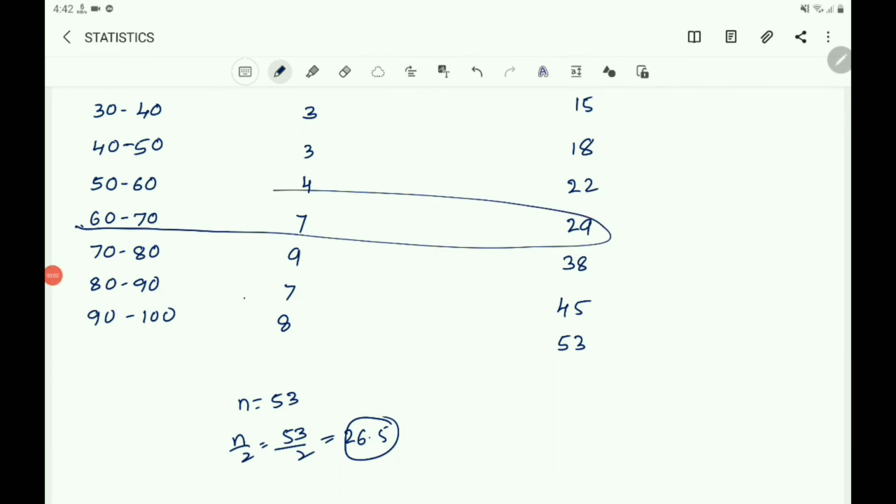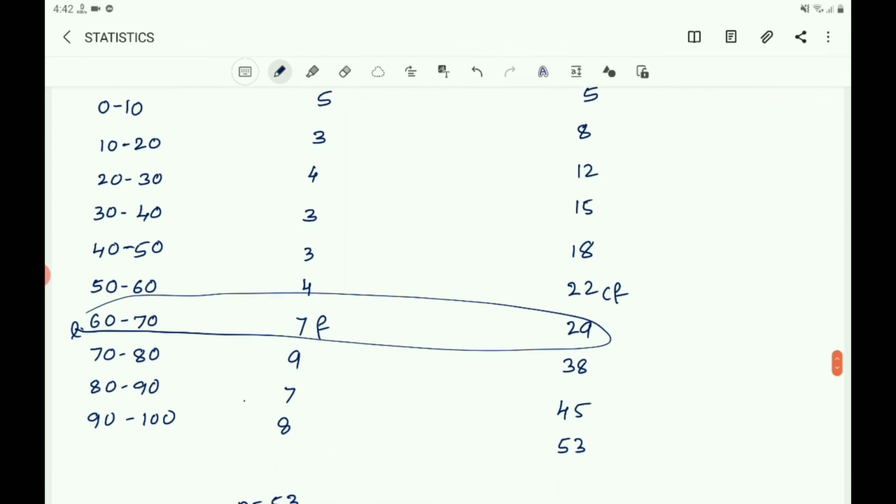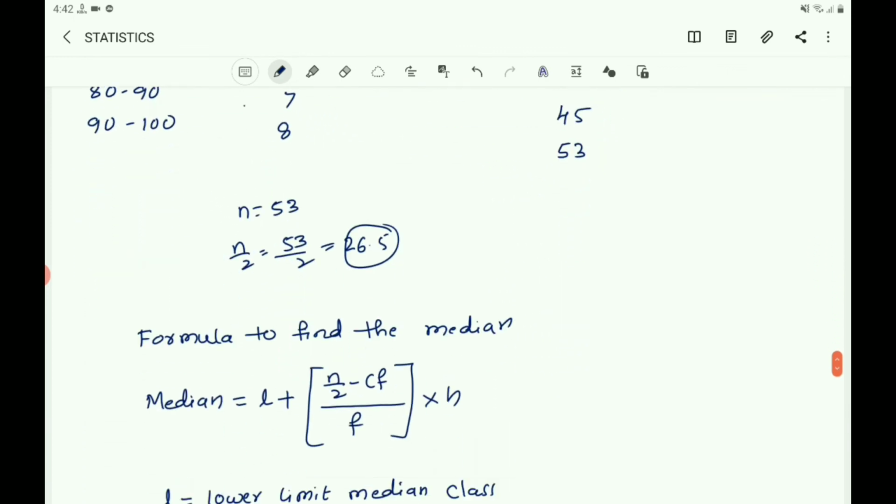Here the median class is 60 to 70, so L is 60, F is 7, Cf is 22, and the class size is 10, since 10 minus 0, 20 minus 10, all have the same size.